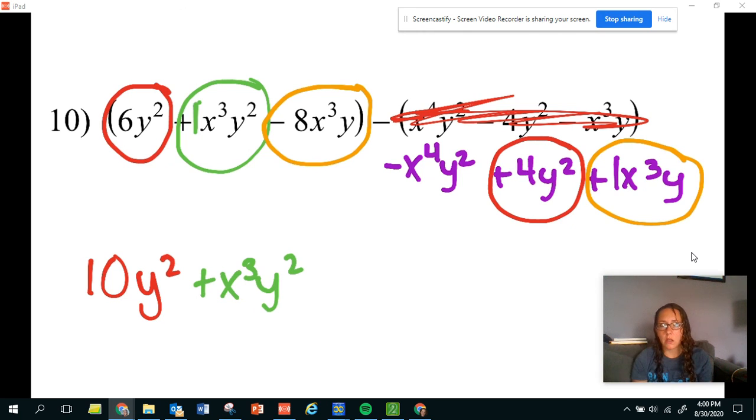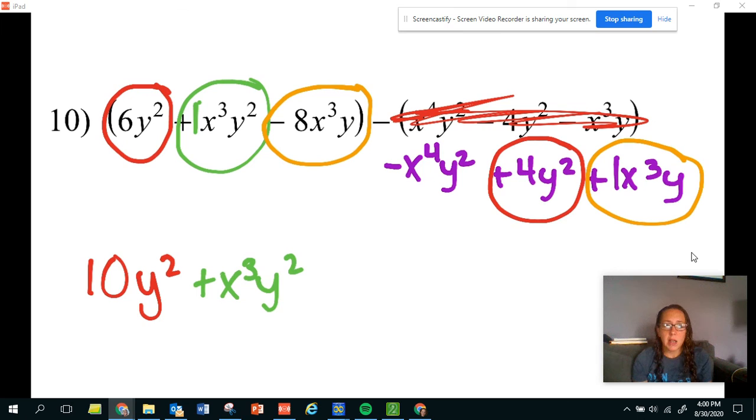And I'm using different colors to circle them because that's what I like to do. But if you're doing this on a piece of paper with a pencil, it's one color. You could put a box around one, a triangle around one, a circle, just to keep yourself organized. Once you combine them, you can scratch them off, however you want to do it, so that you make sure you're combining the same ones.